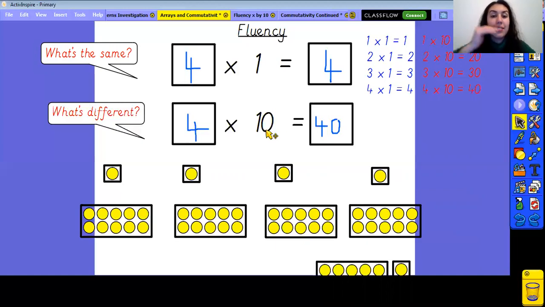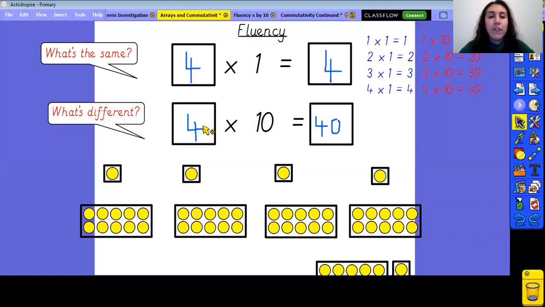It's that next value up where it's now a 2-digit number. It's its own column. So this is 10, this is 1. And then you may have noticed that here is 4 and here is 40. So that when I times by 10, my answer also has a 0 on.